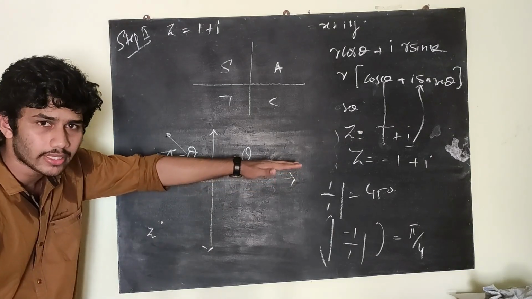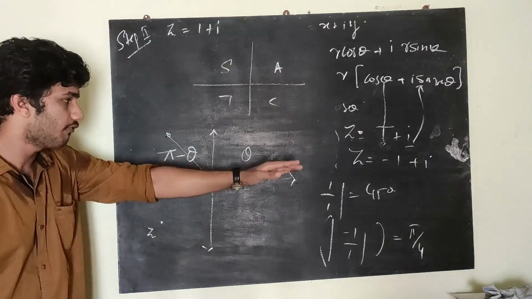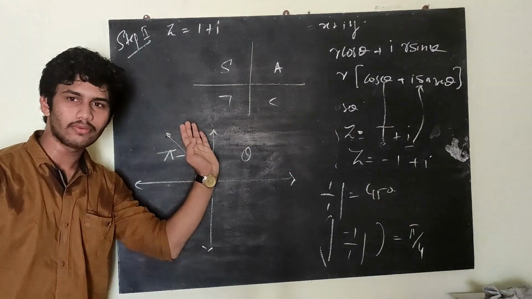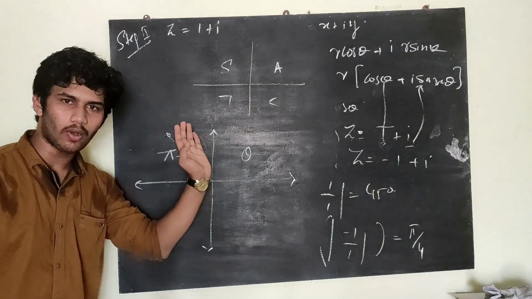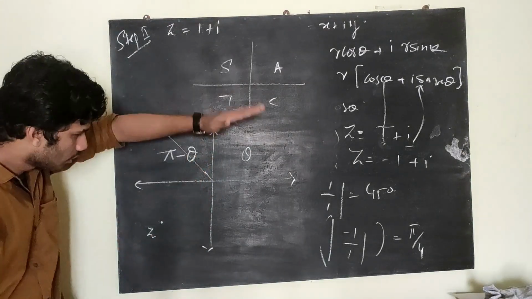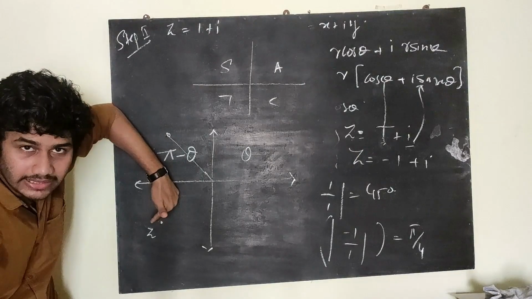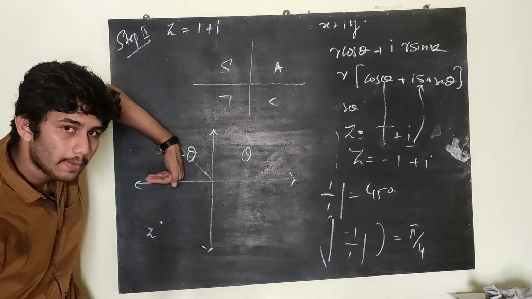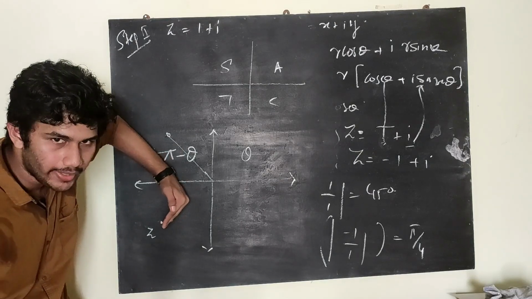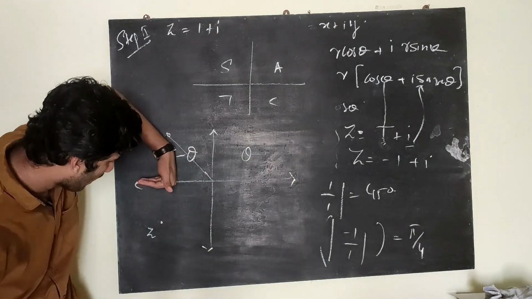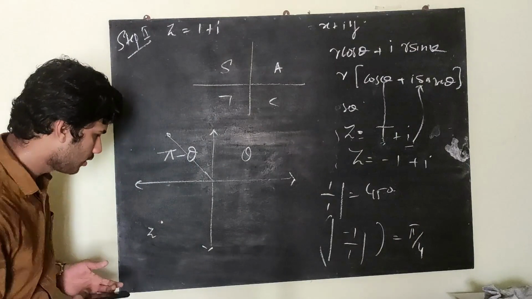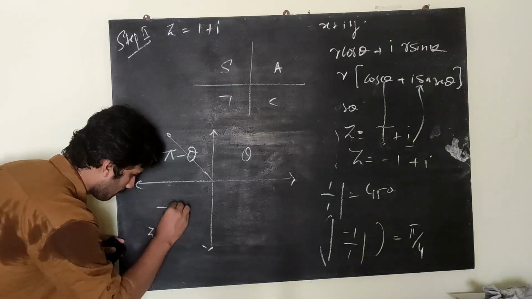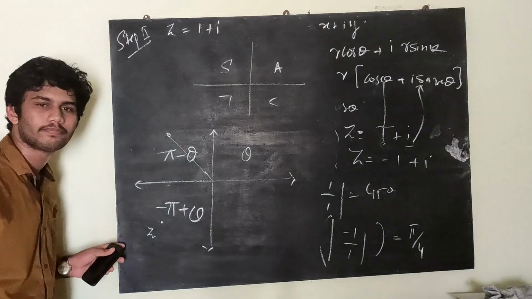I'll move in the clockwise direction, and if I take anti-clockwise as positive, then clockwise will be negative, right? So if my z was here, I'll move minus pi plus theta. Minus pi plus theta.